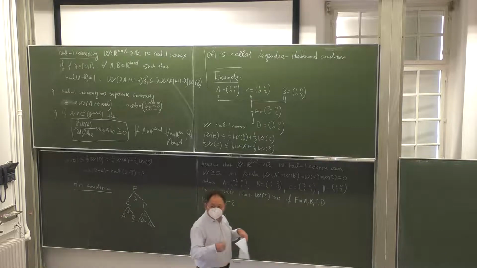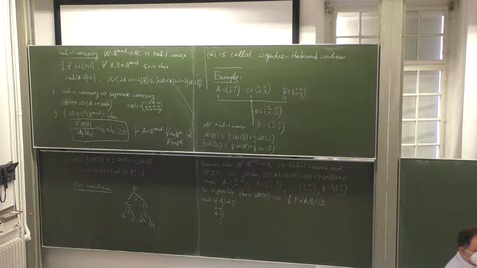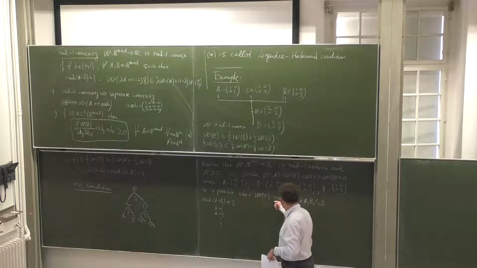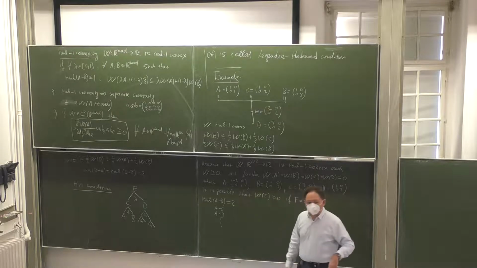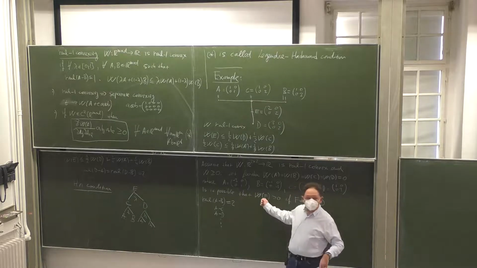So now, these are matrices which are not rank 1 connected, so it's still possible that we have a function such that it's always positive unless you are touching the points here. Surprisingly, it's not possible.